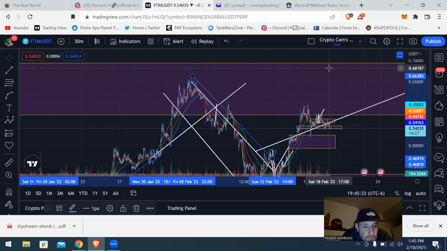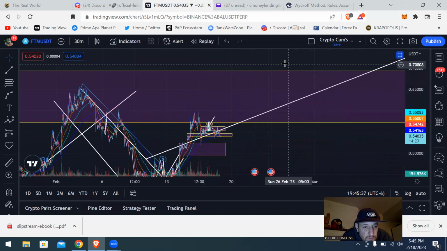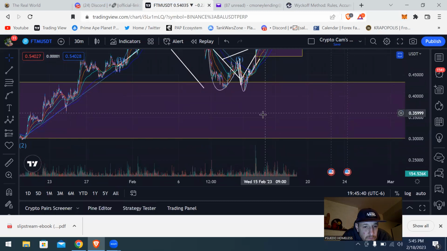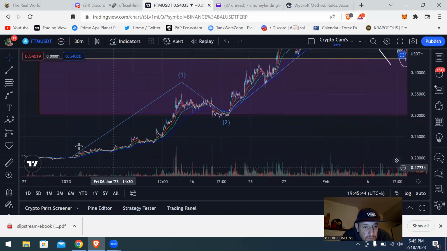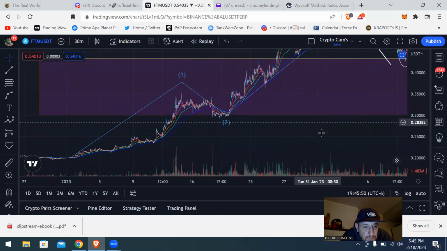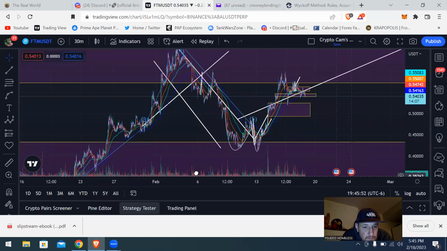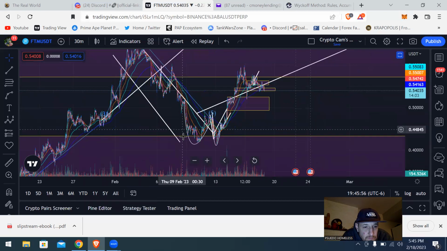So price can come back up in this zone, go sideways, and then I think it comes down, because that's what they do. They run it in threes, and they started running this on January 23rd, so it's been a couple weeks. 1, 2, 3.